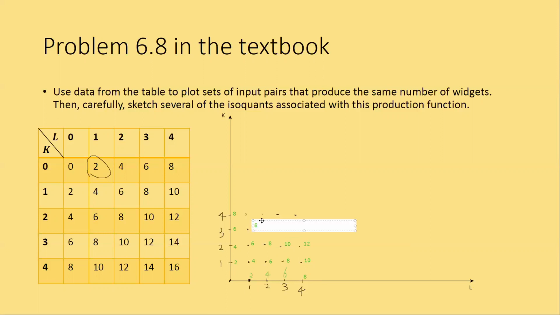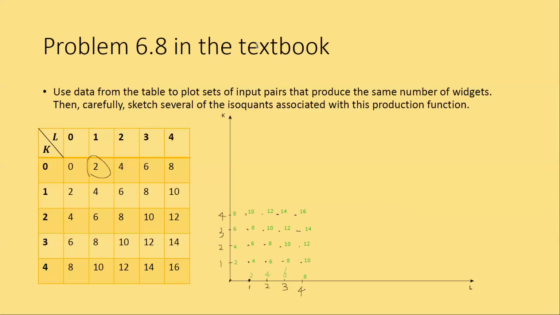And this is 8, this is 10, this is 12, this point is 14. It's a not well drawn point. This is 10, this is 12, this is 14, and this is 16. So I've put everything in the table onto the graph. A black point is the combination of inputs it uses, and the number in green is the total output it produces.